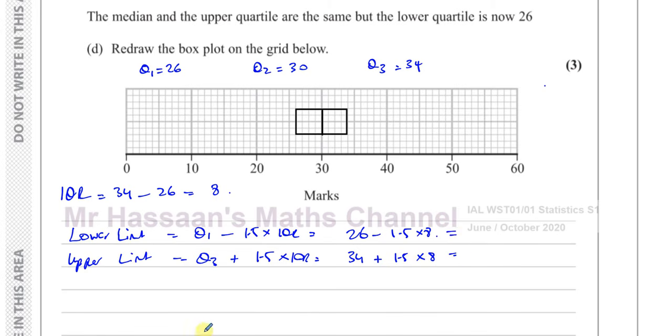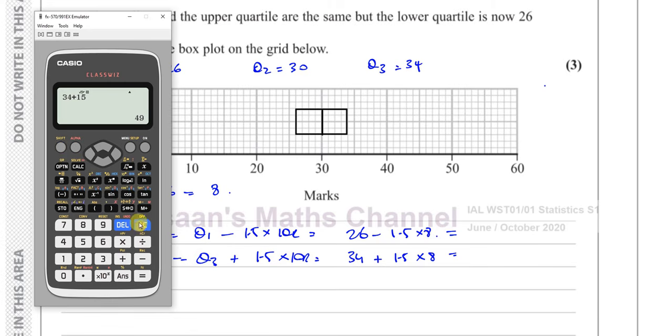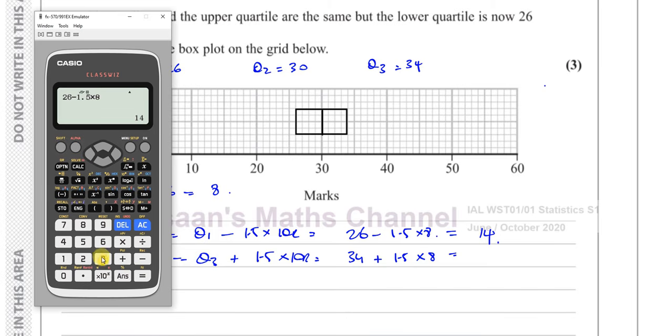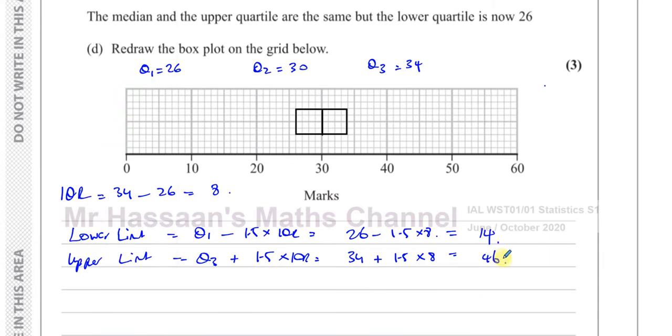So 26 minus 1.5 times 8 gives you 14, the new lower limit. And 34 plus 1.5 times 8 gives you 46. Those are the new limits of our data.